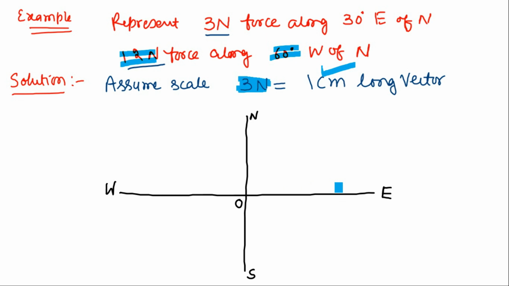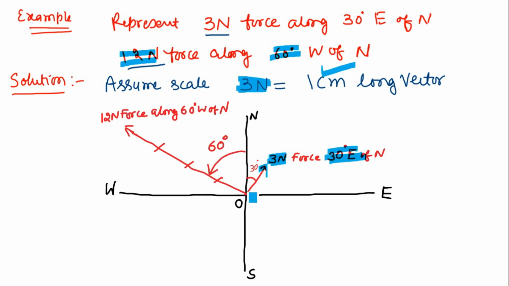So again, as previously, we will draw north, east, west, south directions. Now draw a 1 centimeter long arrow whose inclination is 30 degree with the north toward the east direction. Put an arrowhead over this line, and this 1 centimeter long vector which is formed will represent a force of 3 Newton magnitude, and its direction will be 30 degree east of north.